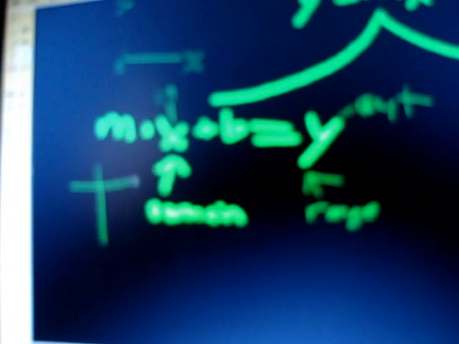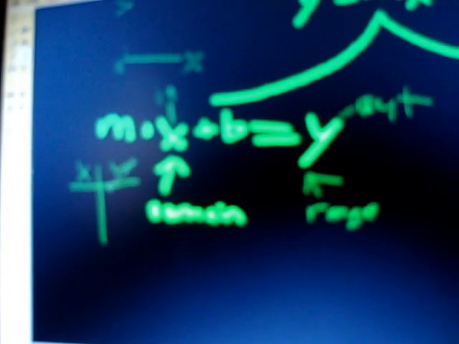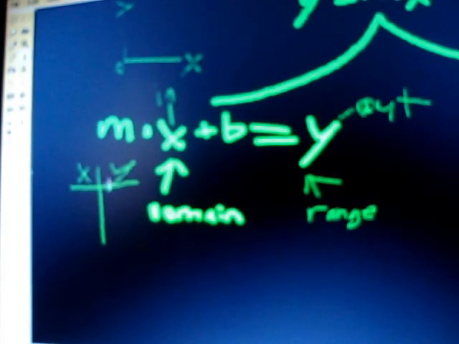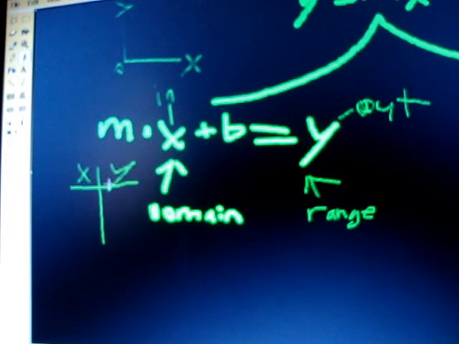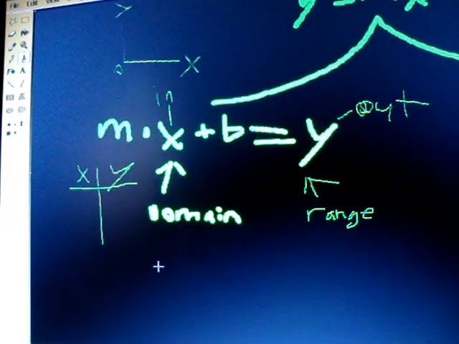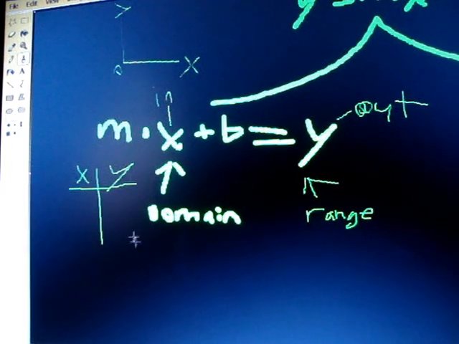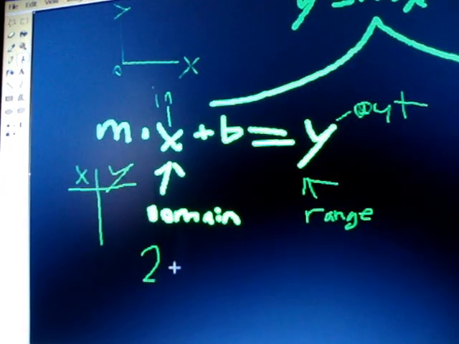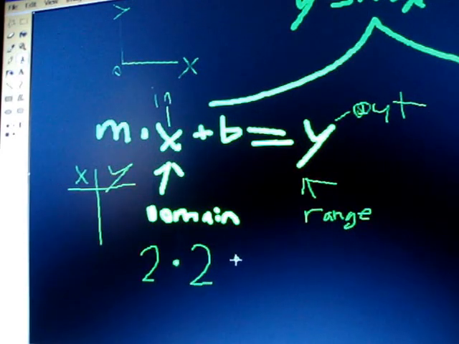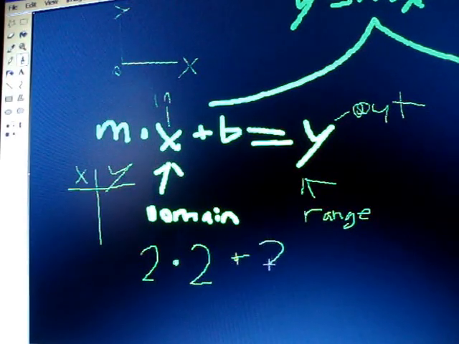If you have an x and y table, you put in whatever you put in here. Let's say m is 2, x is 2 also, and b is 3.